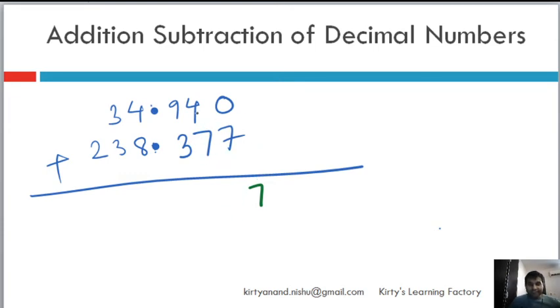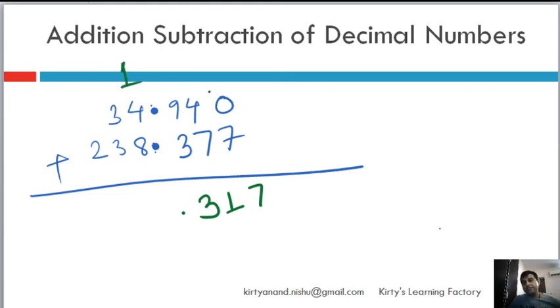Now there is carry. But we will be okay, right? 7 plus 4 is 11. We write 1 and then we carry over 1. 9 plus 1 is 10 plus 3 is 13. So we write 3 here and then 1 we take as a carry here.